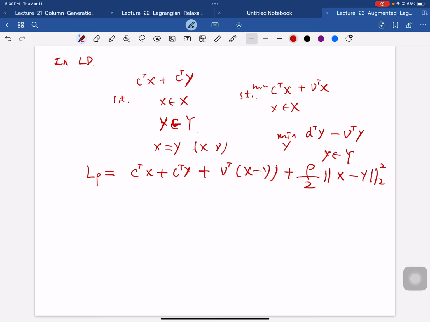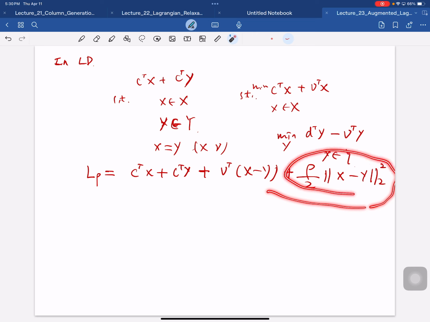Recall that in the augmented Lagrangian, you penalize the constraints you dualized, right? But this term is very nasty because it involves both x and y variables now. You cannot separate the problem anymore if you have an augmented term. Think about if x and y are both one dimension, at least you have a term x times y, right? So the problem is no longer separable. This is not nice, right? We do want to protect the structure of the separable problem.